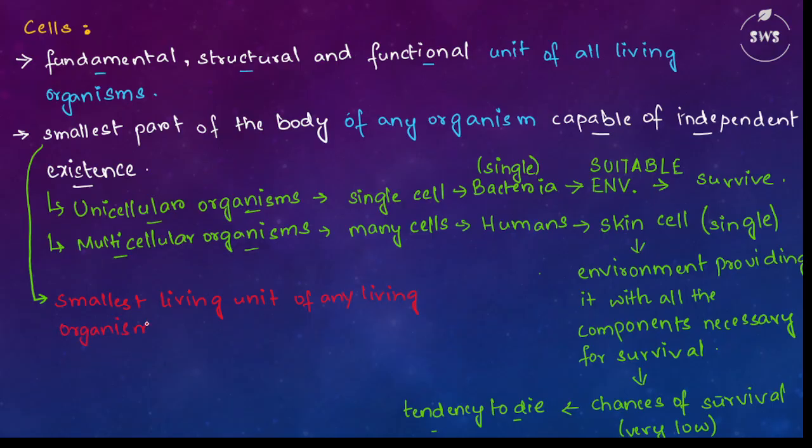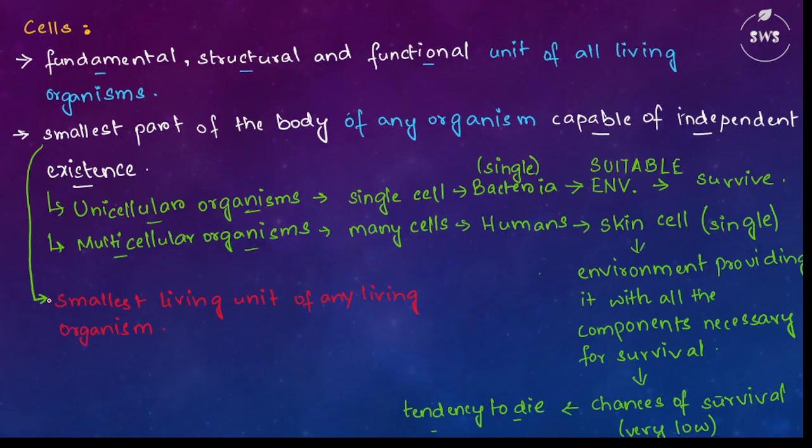That is, below the cell, there is nothing. We can't say anything is living if we go below the cell. Below the cell means if we cut through the cell. If we take a eukaryotic cell and say, okay, come, vacuole, come out, and you will be surviving alone. No, the vacuole won't be able to show independent existence.